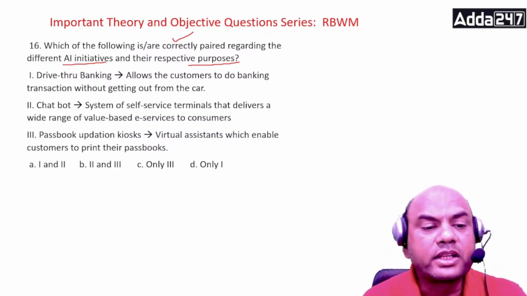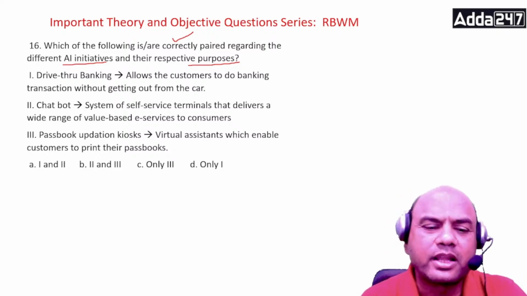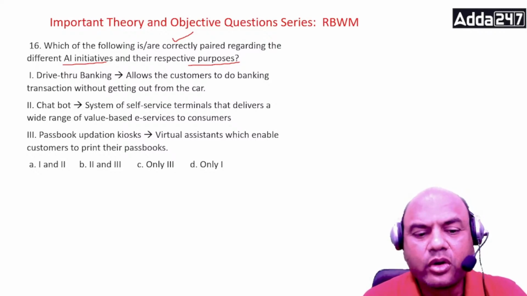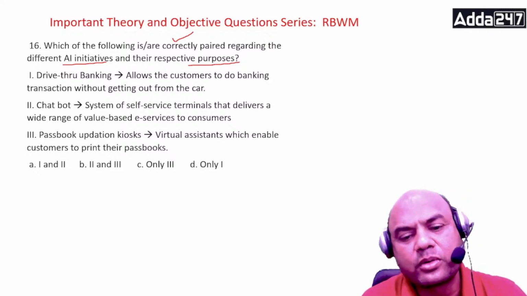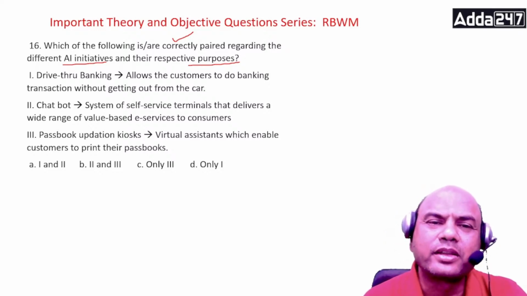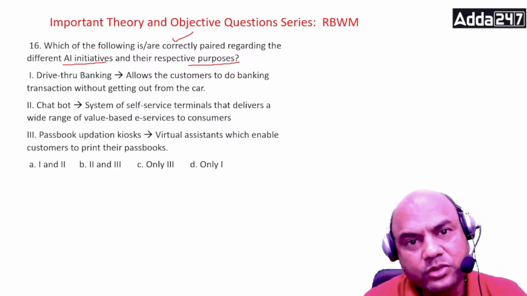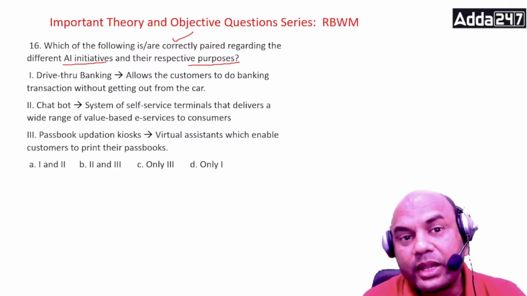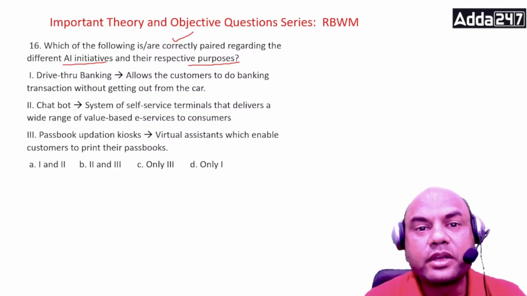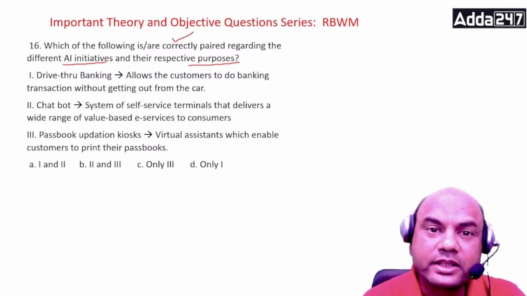What is passbook printing? This passbook printing kiosk is just an automatic machine, an automatic kiosk which enables the customer to print a passbook. What is the use of this? Obviously very useful, because otherwise we had to put salaried employees. Have you seen in your branch, for many years, some person with the highest salary, 50,000, 70,000, and what does that person do?